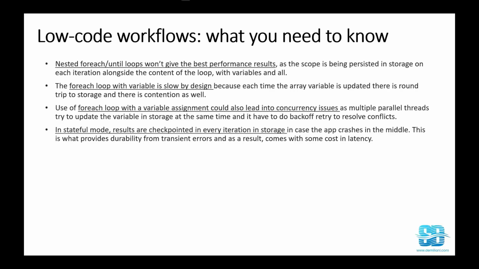For each is slow, and also Parse JSON is slow. But Parse JSON can be acceptable; the for each was our main problem, because we basically needed to do nested for each, we were forced to do that, and with nested for each we have performance problems. Sometimes, for each loops also, you need to remember that if you have a variable assignment inside the for each loop, it could lead to concurrency issues, because multiple parallel threads can try to update your variable in the storage, and then you could have problems.